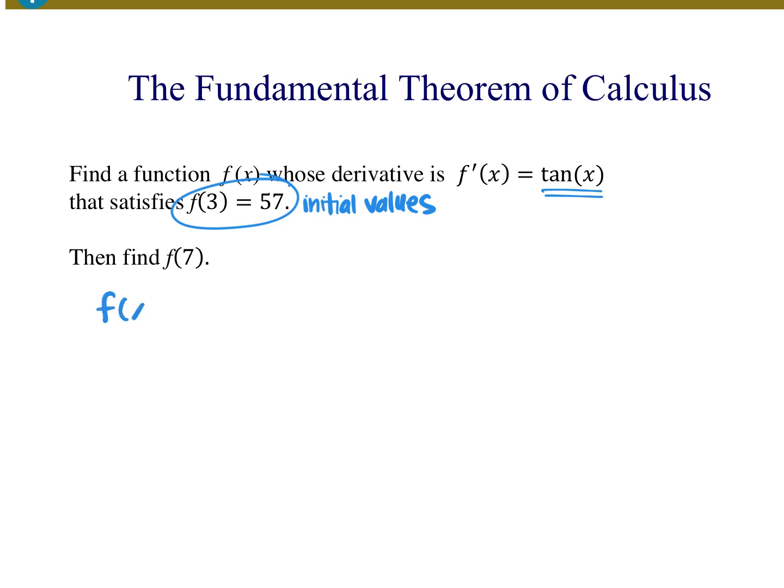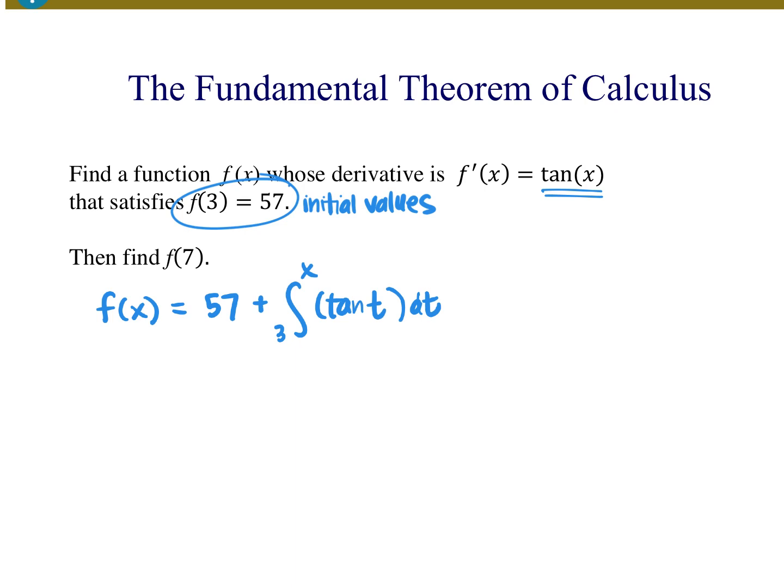F of x means starting with 57, that's what I'm given to start with. I'll be accumulating from the time value or the position of 3. I'm going to some unknown spot, and I'll be doing that under the tan curve t dt. That's the setup of that.